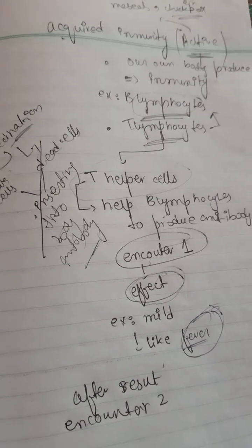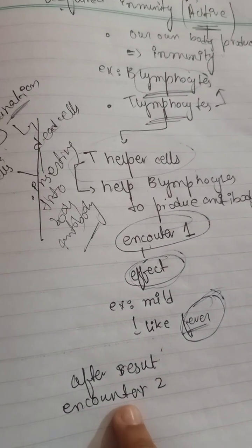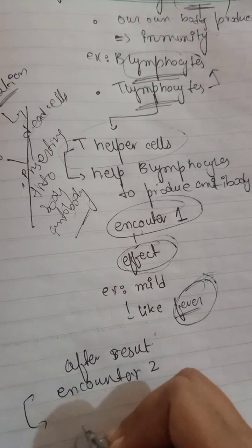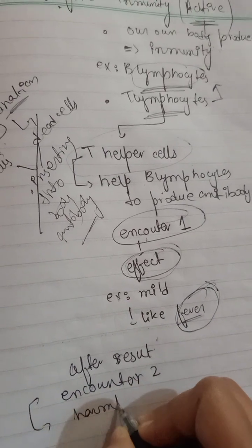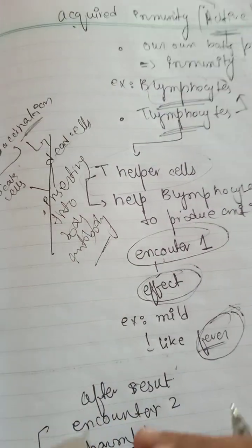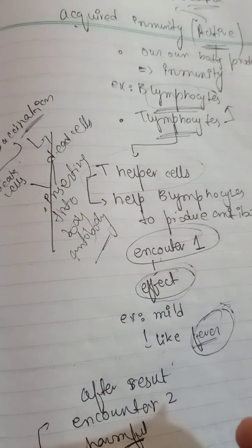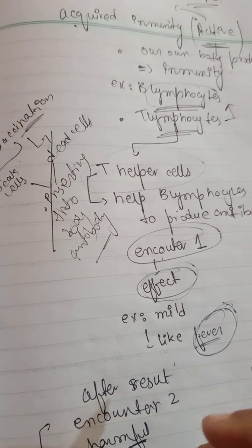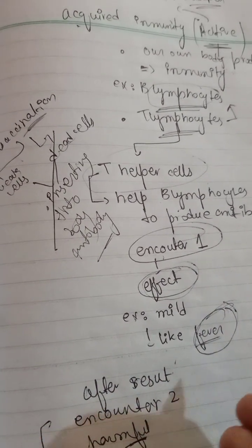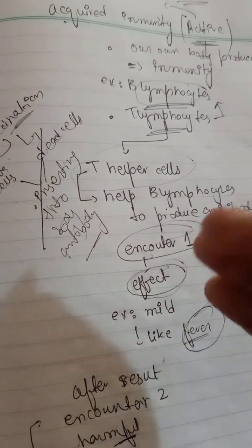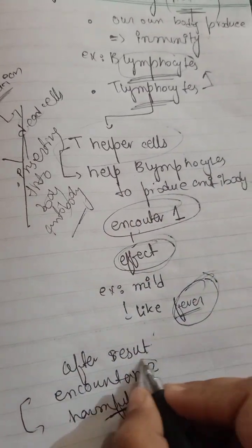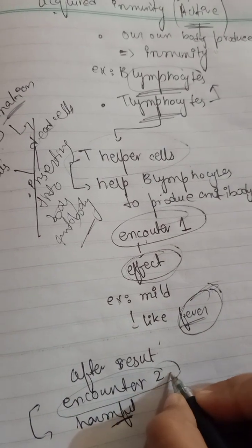Encounter 2 will be harmful. Why? Because the body is producing more antibodies to kill the pathogen. For example, a high temperature. That is a little bit harmful. So that is encounter 2.